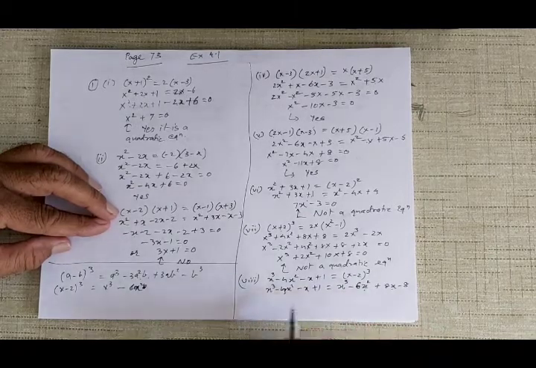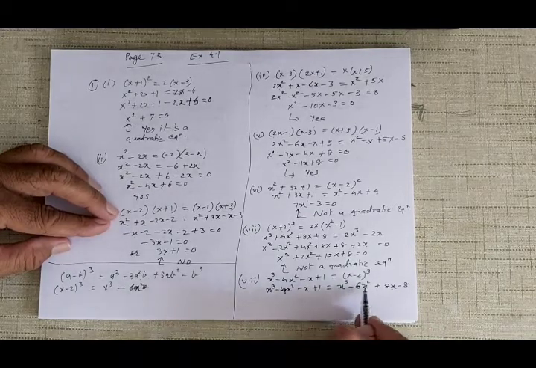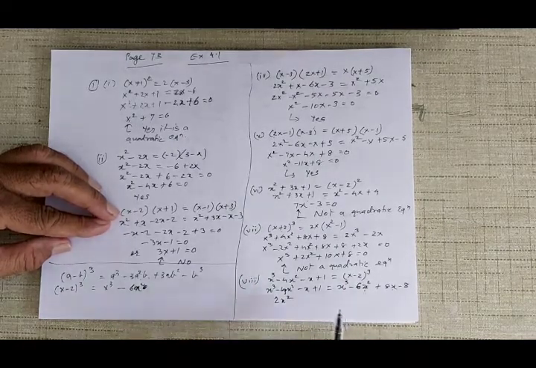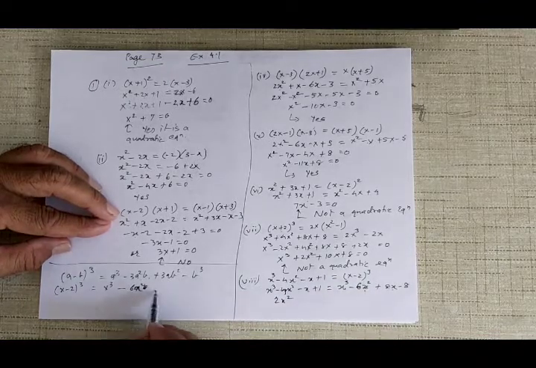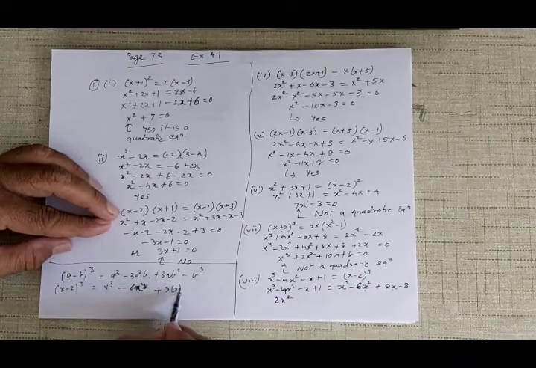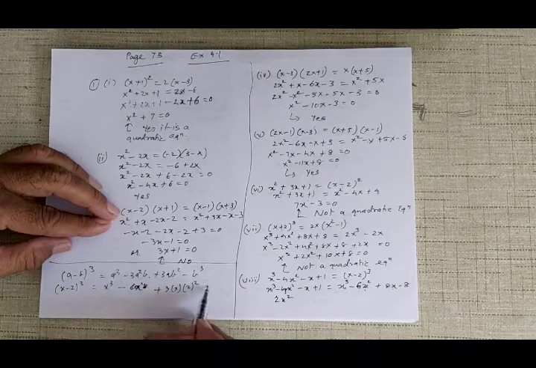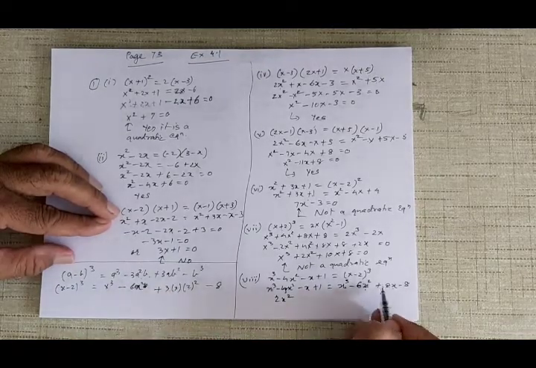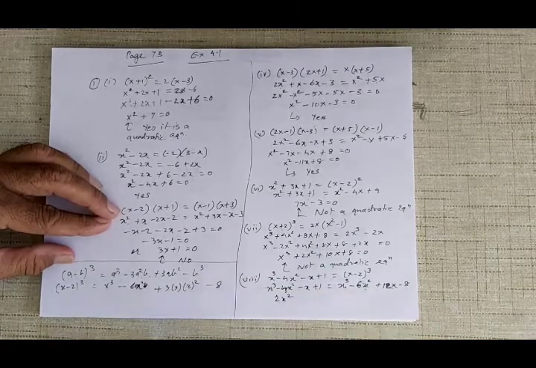Now you can see this x cube will cancel out, but minus 6x square on this side will become plus 6x square, so you will get 2x square. And then of course plus 3 into x into 2 square, 2 2s are 4, 4 3s are 12, so 12x, minus 8.